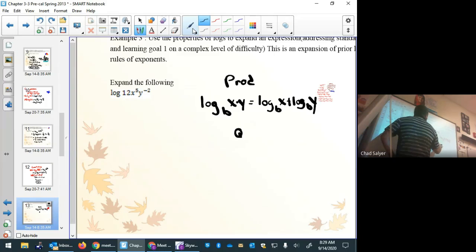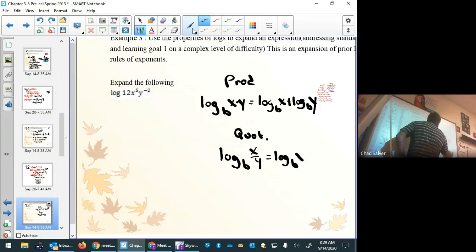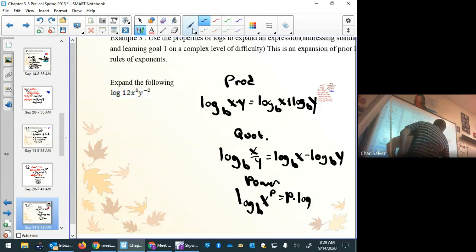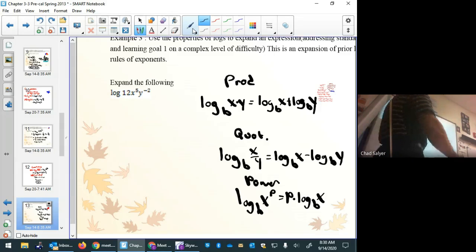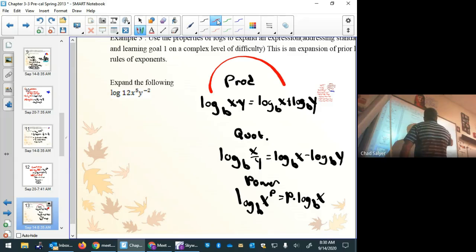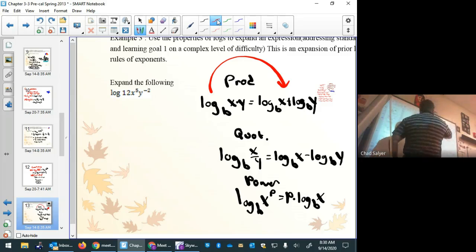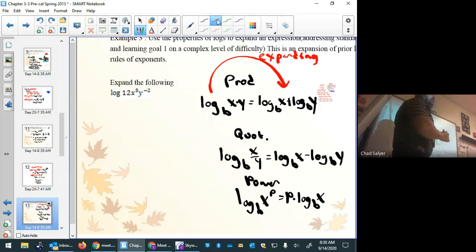And then you've got the quotient rule, which is log base b of x divided by y equals log base b of x minus log base b of y. And then finally, you've got the power rule, which is log base b of x to the p equals p times log base b of x. So in general, ladies and gentlemen, when we start on the left side of one of these and we rewrite it as the expression on the right, this direction is called expanding the logarithmic expression.